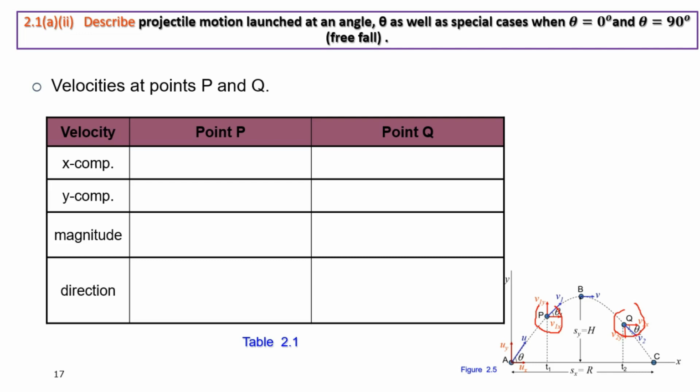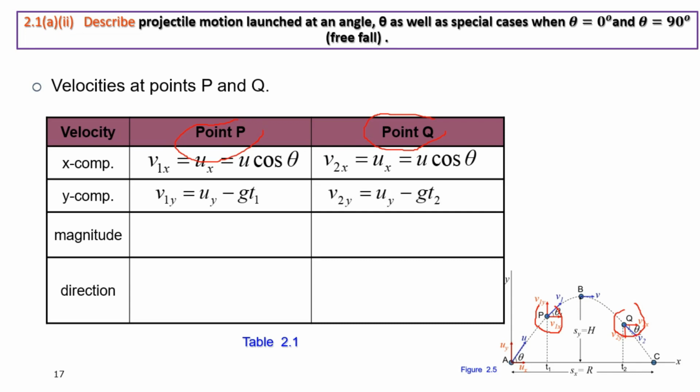At point P, the x component is v1x equal to ux equal to u cos theta, while at point Q, v2x equal to ux equal to u cos theta. For the y component at point P, v1y equal to uy minus g t1. For point Q, v2y equal to uy minus g t2.